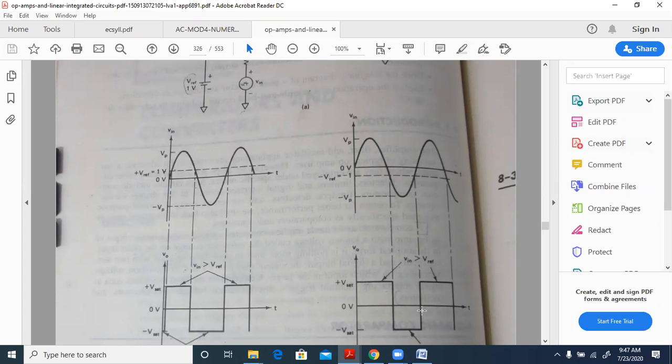So it will be similar to this, only that this will be minus 0.1, and this will be minus 1 volt, and this will be plus 1 volt. That's all, and accordingly you need to write that. The high and low values here will be plus Vsat and minus Vsat.